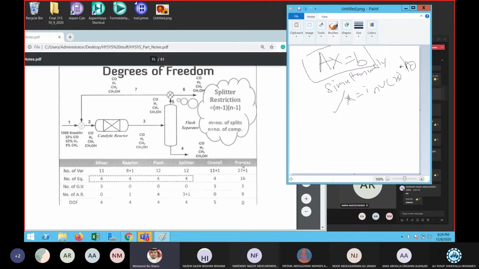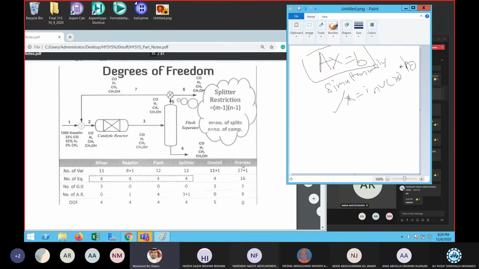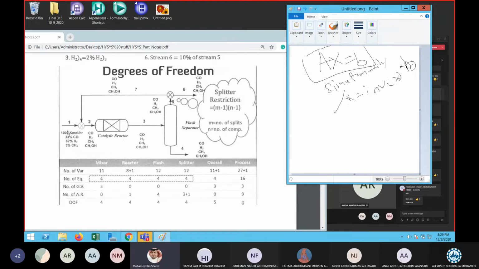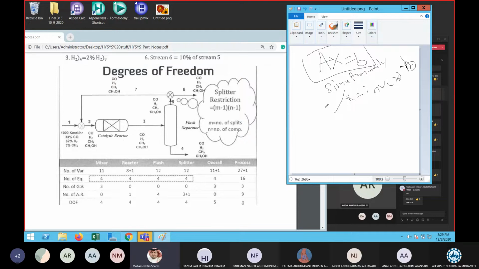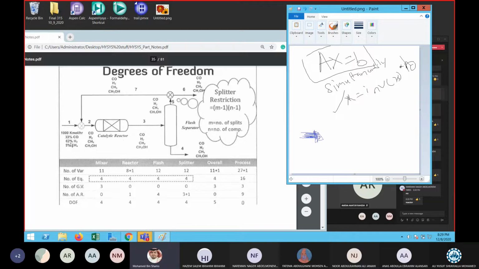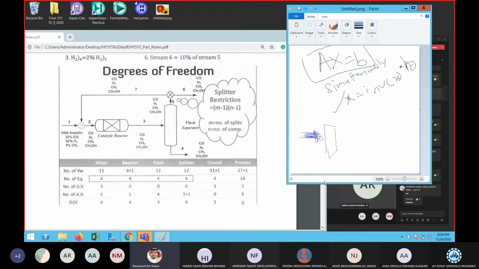However, if I'm going to solve the problem in HYSYS, remember how HYSYS works? You remember how HYSYS works? I start first of all defining my material stream, which was blue, I think, yeah, it was blue. I define the stream. Then I put a mixer. And then for that mixer, I'm going to define stream number 7 and stream number 2.